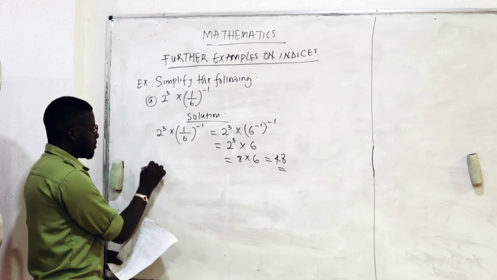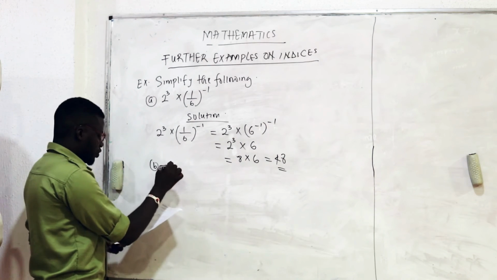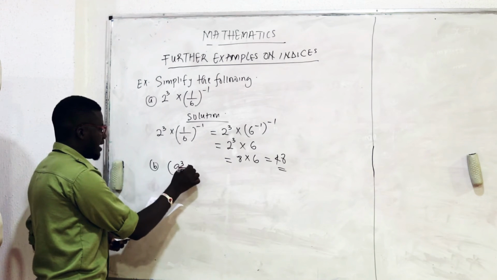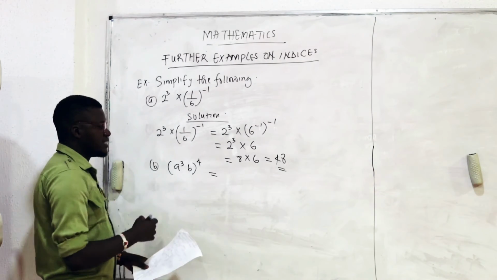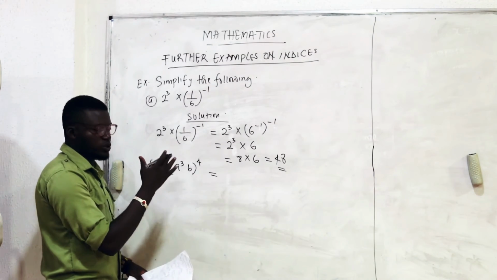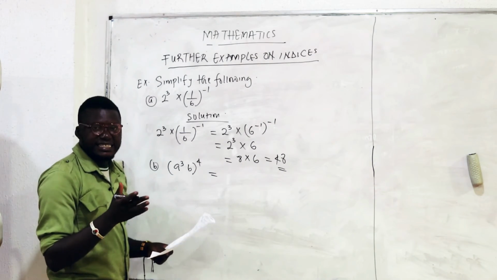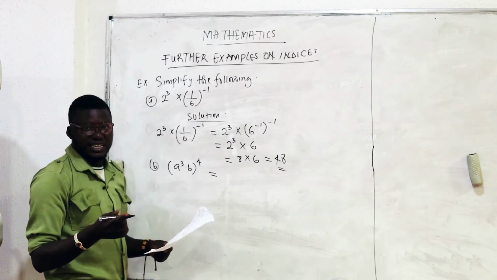Now, the second example, B, says I should still simplify A raised to the power of 3, B, all raised to the power of 4. According to the law of indices, if I have something like this, I have to use the power outside the bracket to multiply the powers inside the bracket.